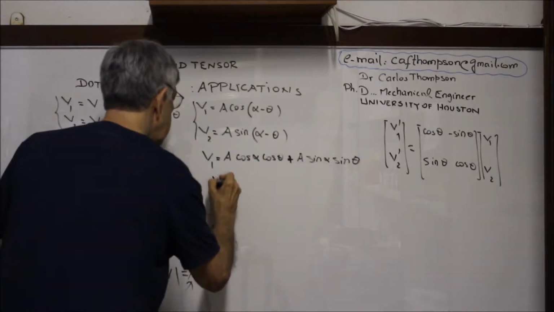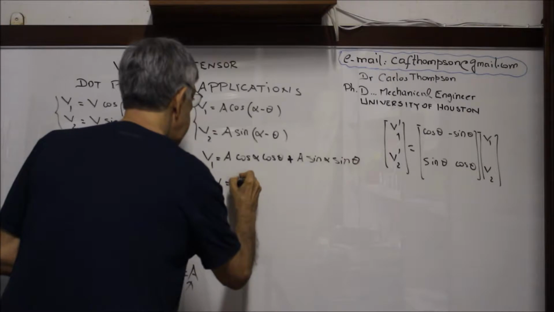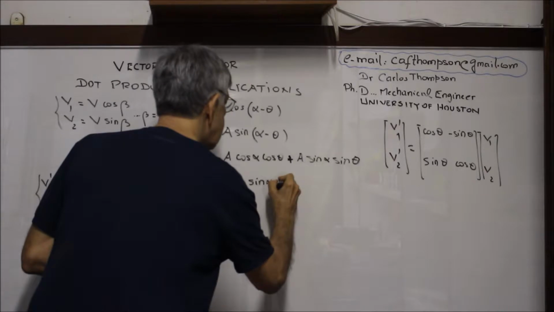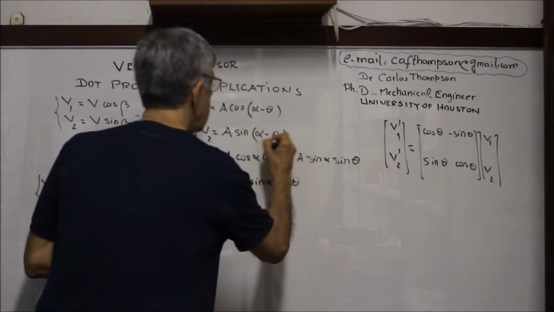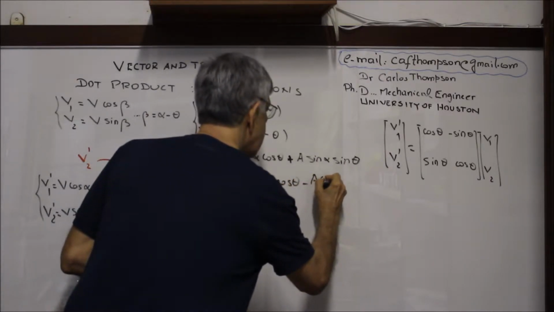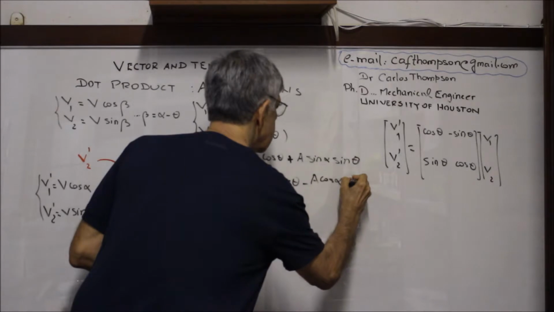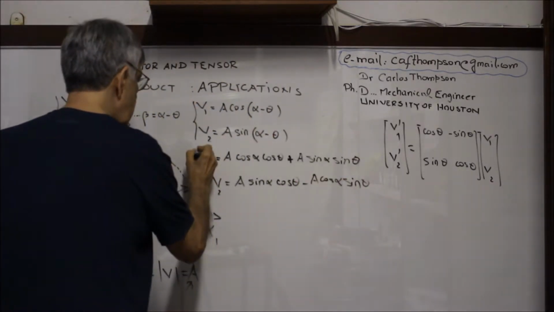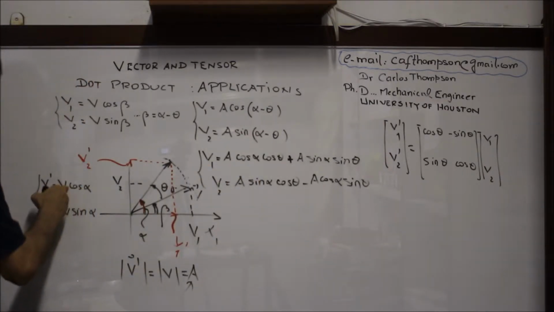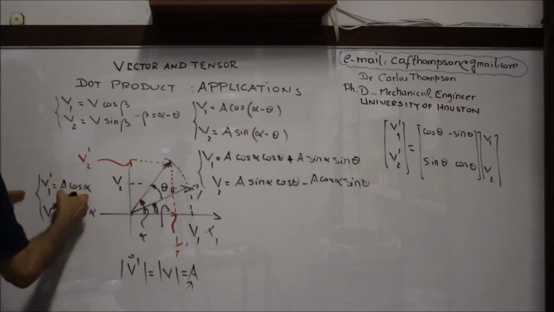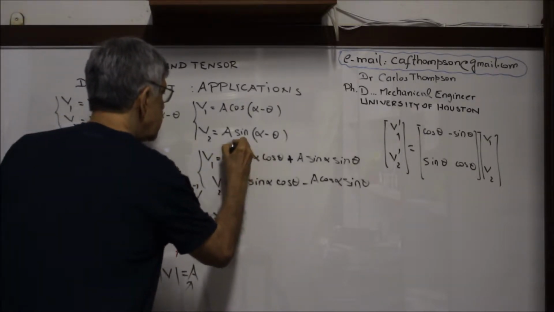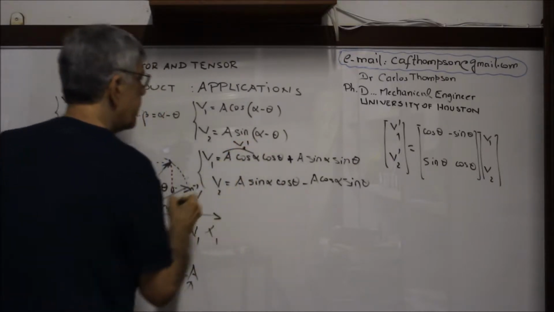Now this one, V2 is equal A sine alpha cosine theta, this is minus, so this is minus A cosine alpha sine theta. Now you see, A cosine alpha is V1 prime, so here is V1 prime.